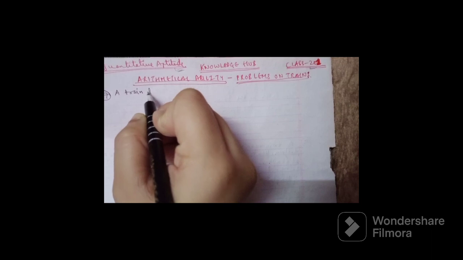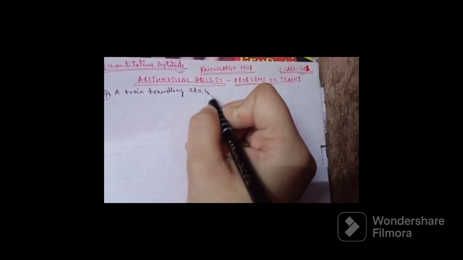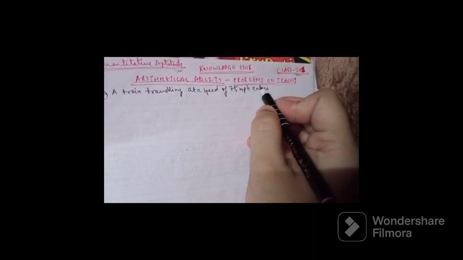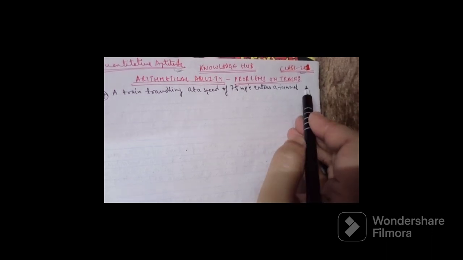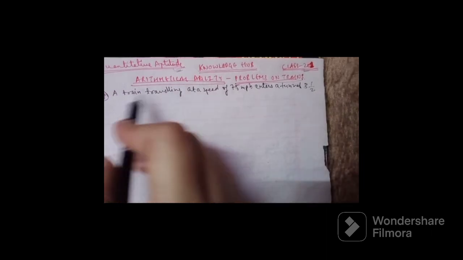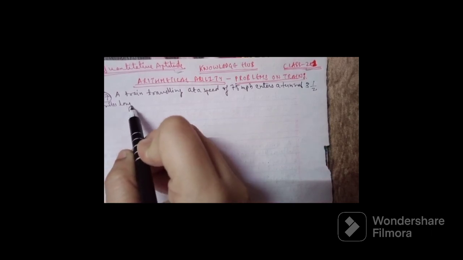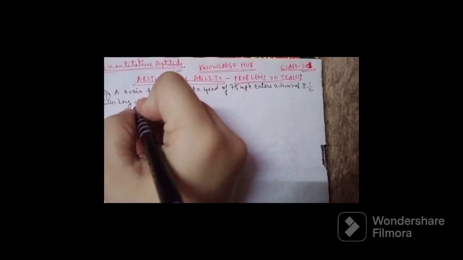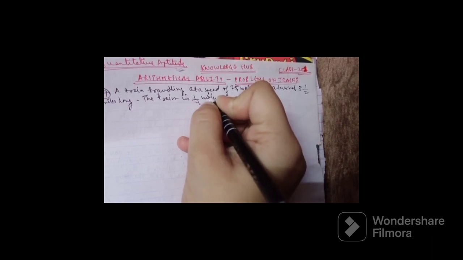A train traveling at a speed of 75 miles per hour enters a tunnel 3 1/2 miles long. The train is 1/4 miles long.